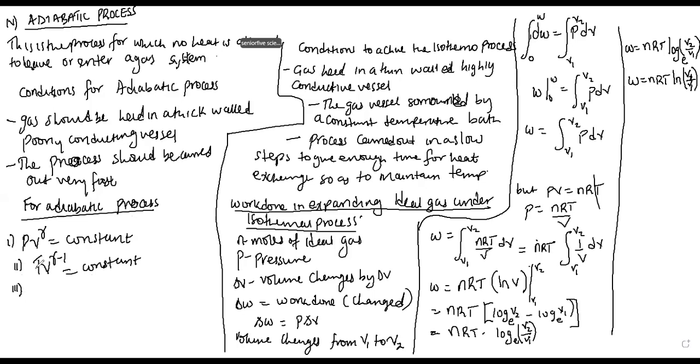Gamma is the ratio of the molar gas constant at a constant pressure to the molar gas constant at a constant volume. I remember talking about gamma as Cp over Cv. If you did not make the notes or go through them, you cannot know what I'm talking about. Then the last equation for adiabatic is P power 1 minus gamma, T power gamma is equal to a constant.